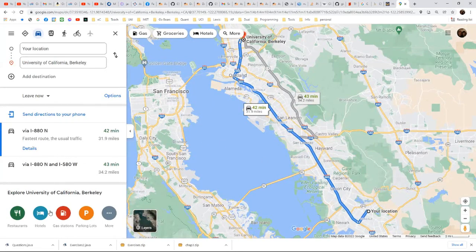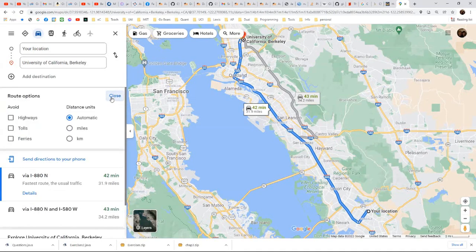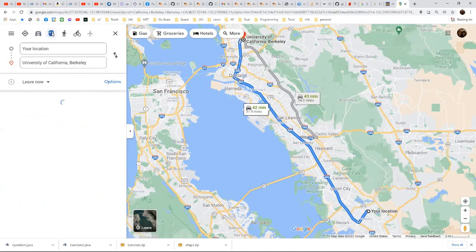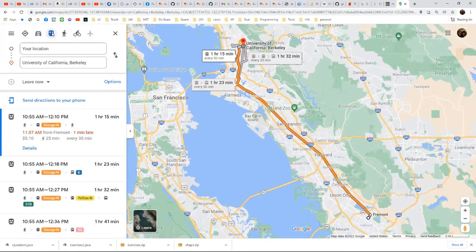It's a straight line, and I can take transit. It just takes one line. My home is like 5 minutes from my subway to another station at UC Berkeley. That's it, one transit. Gotcha.